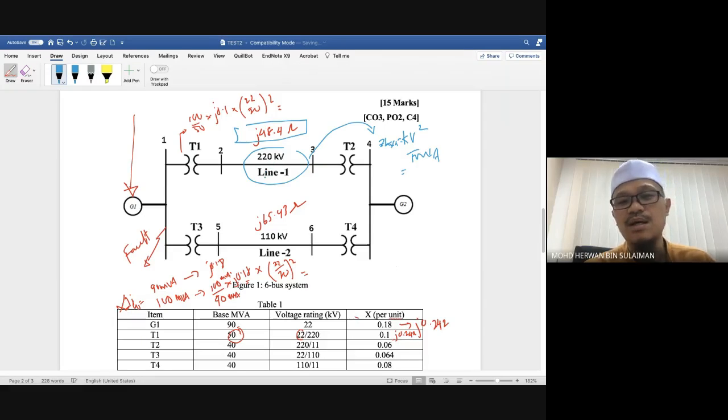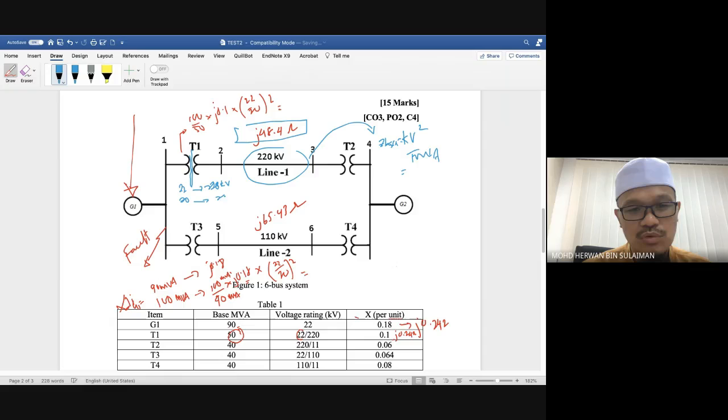Tapi sekarang ni ini dia punya trick dia. Student silap. You tak boleh pakai 220 sebab transformer ni culprit lah, dia yang buat you tukar. Sebab line atas ni 220, sebab transformer ni daripada 22 naik 220. Betul tak? So sekarang ni you punya base baru ialah 20.